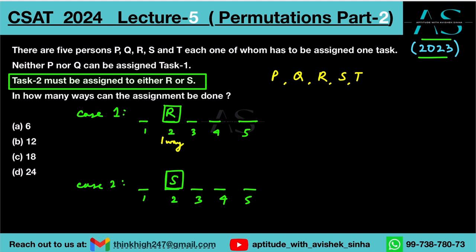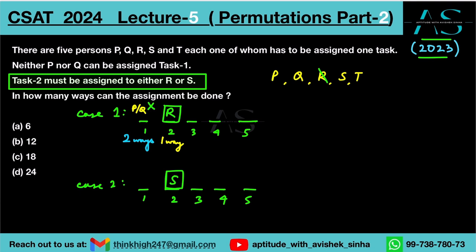It also says neither P nor Q can be assigned task number 1, so P and Q cannot be placed here. Out of the option set that we have, R is already used here, so I'm taking out R. P and Q cannot be used to fill task number 1. So for task number 1, you can only assign either S or T in case number 1. That is, task 1 can be filled in 2 ways.